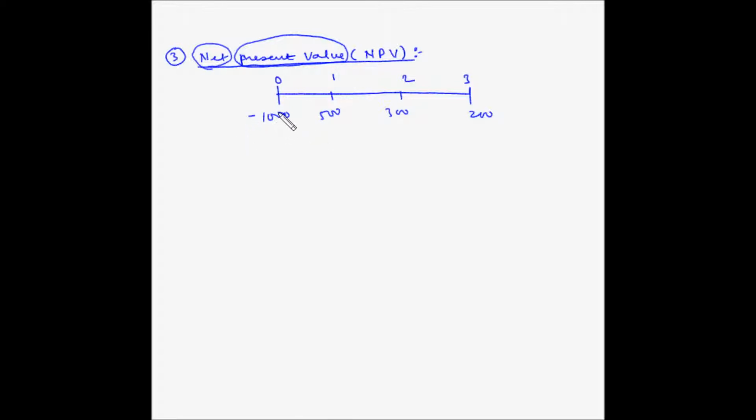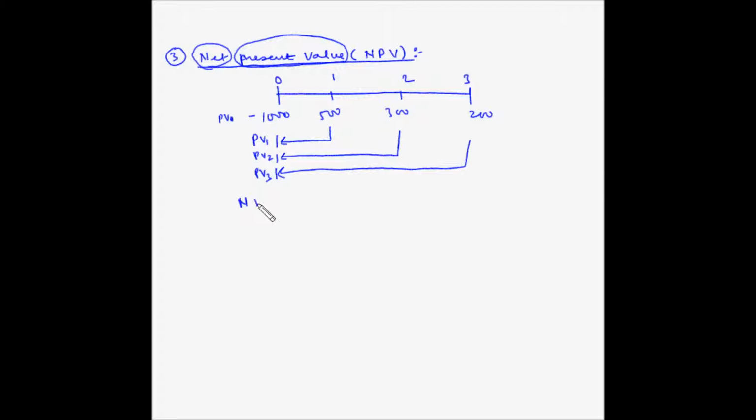So let's say the present value of the cash outlay here is considered PV0. For 500 rupees, let's say the present value is PV1. For 300, let's say it is PV2. And for 200, it is PV3.